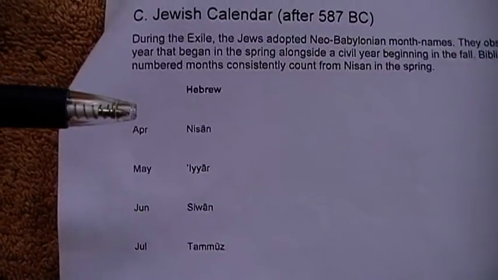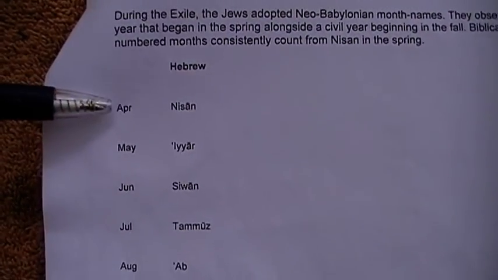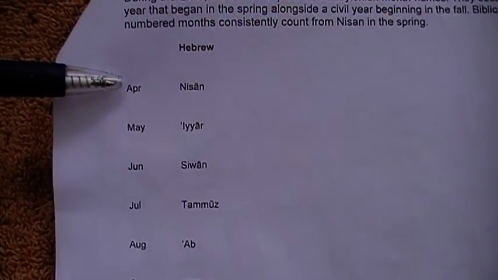Abib is a Canaanite name and is the beginning of the Canaanite calendar, and so all God's festivals follow from the first month of Abib. Abib isn't a Babylonian name. Nisan is a Babylonian name, the first month of the Babylonian calendar. Do you see?